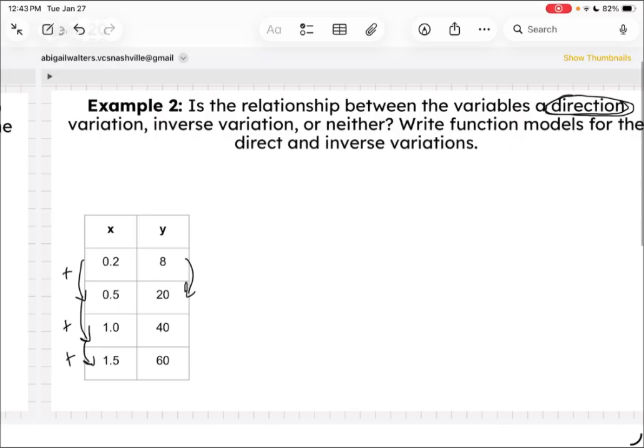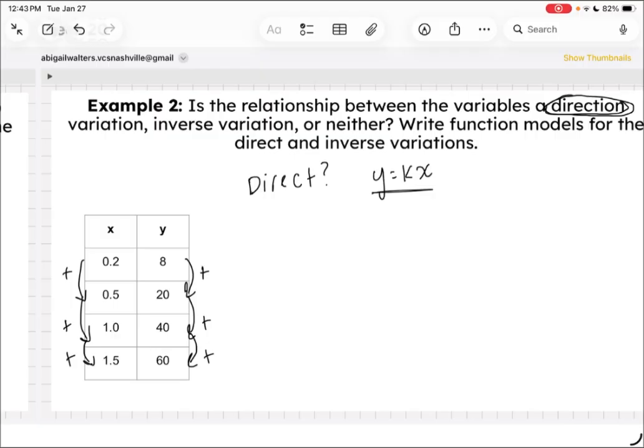Again, I can see that as my x's are increasing, this time the y's are also increasing. So my only option here would be either direct or neither. If it is direct, we're going to write direct, question mark, and we need to put it into the form y equals kx. Each of those data points should be in that format.